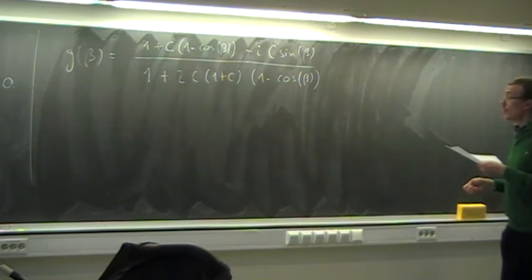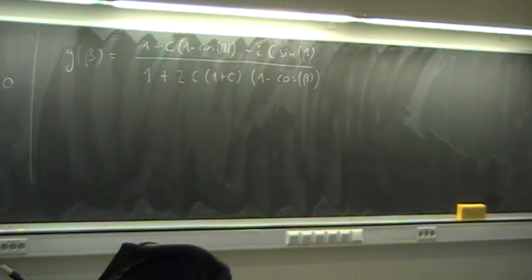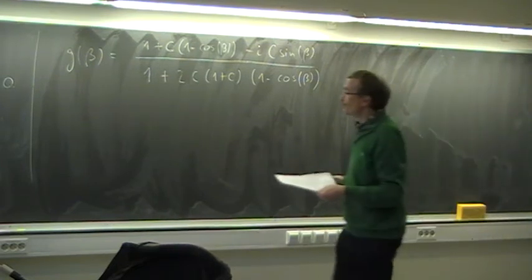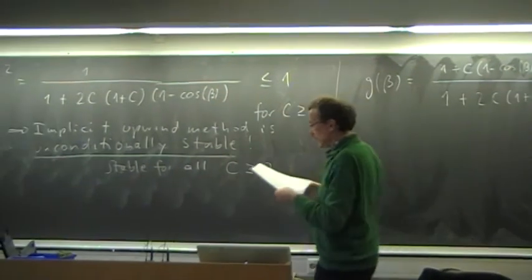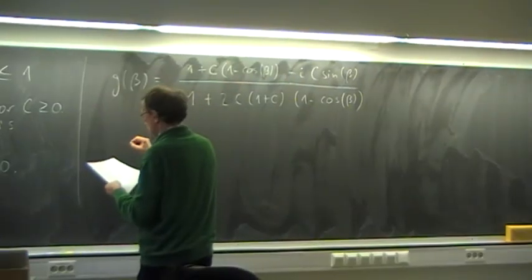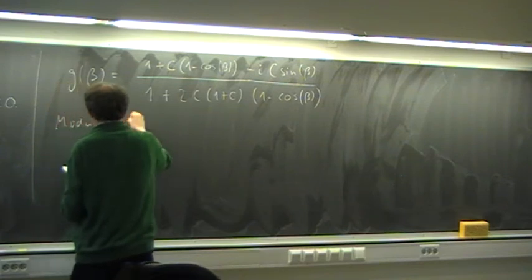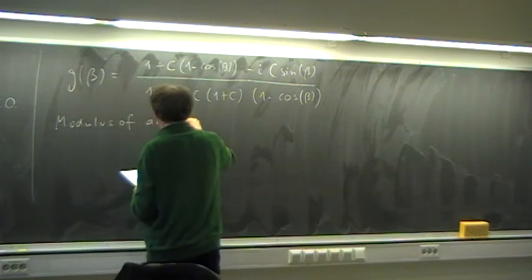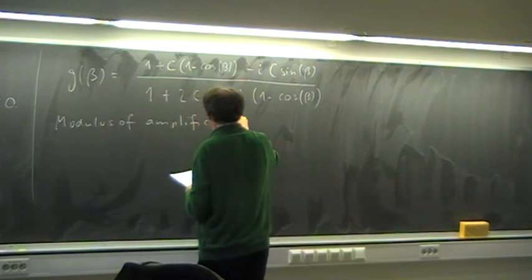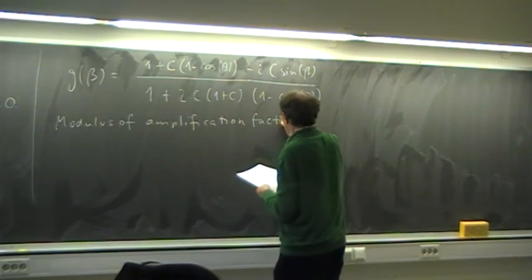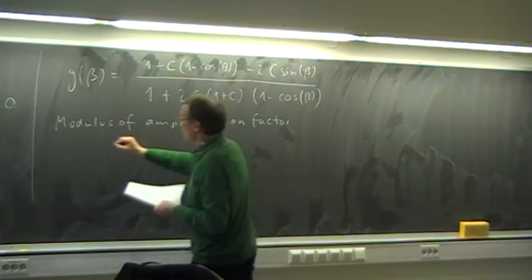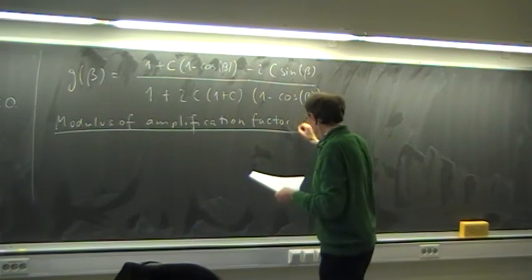So from that, we can then later on see the phase angle. The amplification factor we can already see from what we have here. So that is the modulus of the amplification factor. That tells us about the dissipation error.